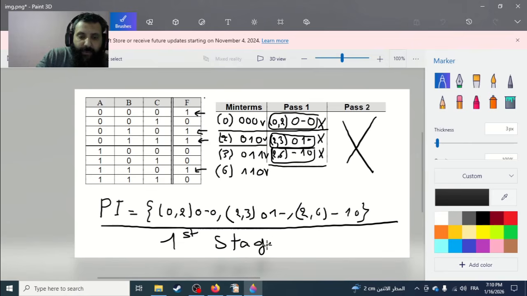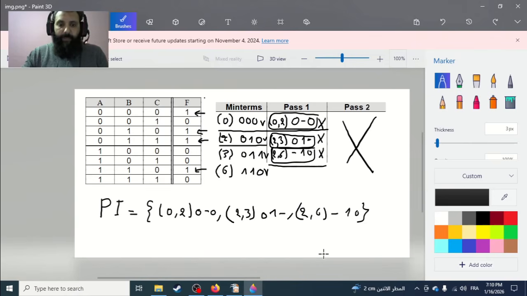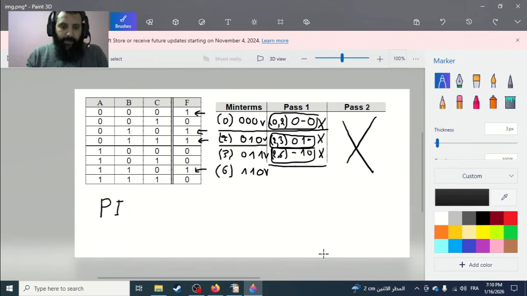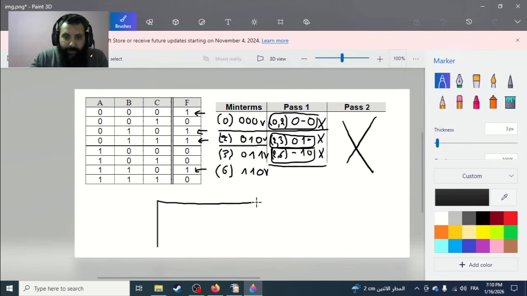Let's pass now to the second stage. In the second stage, we have to draw a table called, I don't remember exactly how it was called, the prime implicant table. It is designed this way. We have to put all our prime implicants in the rows.